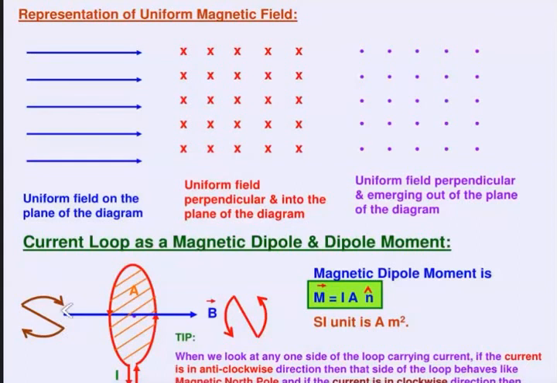The same loop will behave as a dipole because it consists of two poles, and we have already discussed that a system of two poles is called a dipole. These poles could be anything: electric charges, equal and opposite, or magnetic poles, north and south, which have equal magnitude but opposite direction. That's why it is called a magnetic dipole. So we have learned that a single isolated current carrying loop acts as a magnetic dipole.